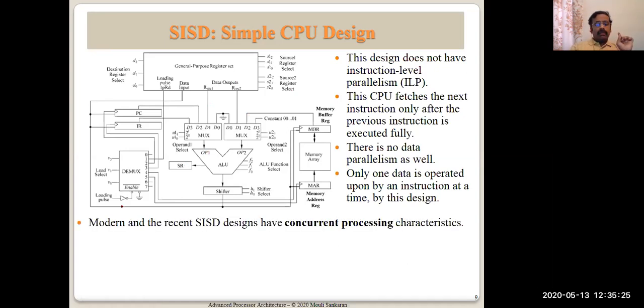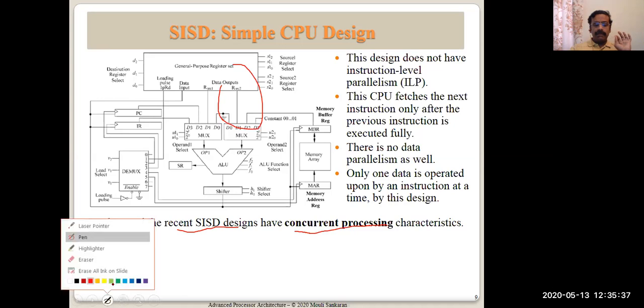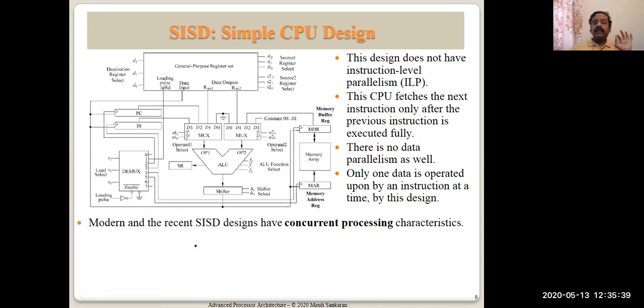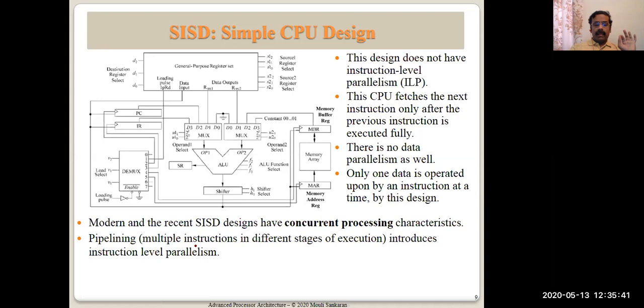So modern and recent SISD designs have concurrent processing characteristics. This SISD with an unpipelined structure is a very limited implementation. Suppose you introduce pipelining, then multiple instructions will be in different stages of execution.